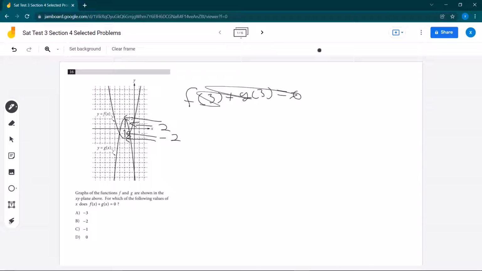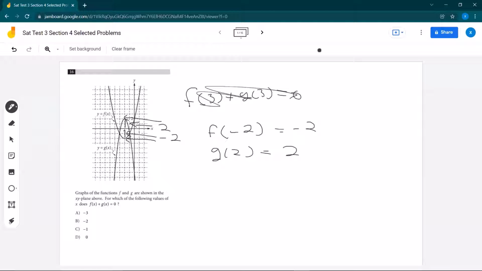And if we observe here, these both occur at x equals -2, which basically means that f of -2 equals -2, and g of -2 equals 2. This is just converting what I see on the graph into text.